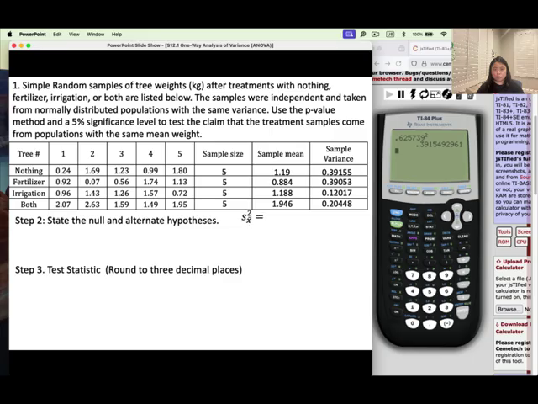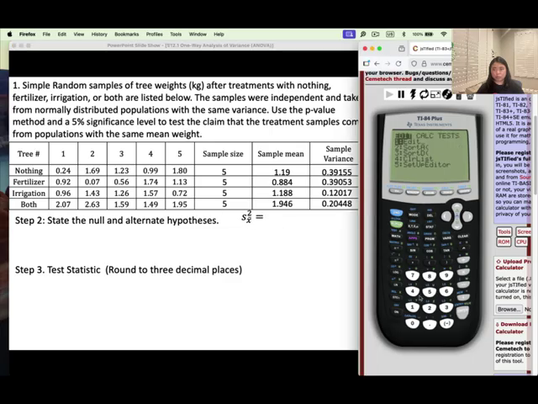Okay, now figure out the variance of the sample means. Remember how to do it? Go to stat, number 1, edit. I'm gonna input these numbers in L5. Okay, go to stat, calc, and then my data is gonna be in L5, calculate.